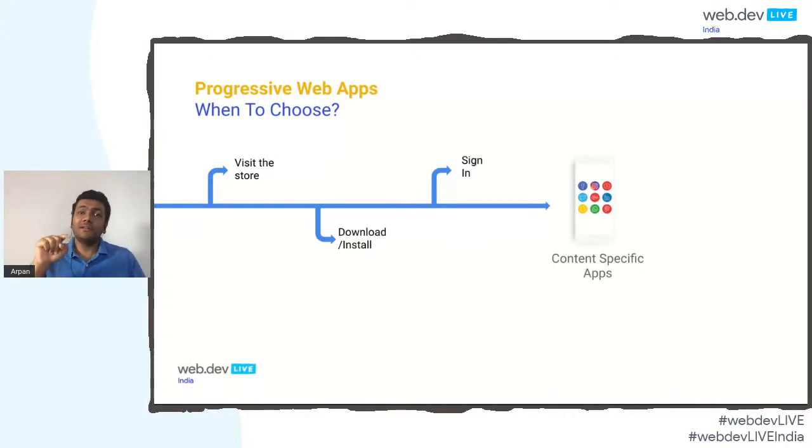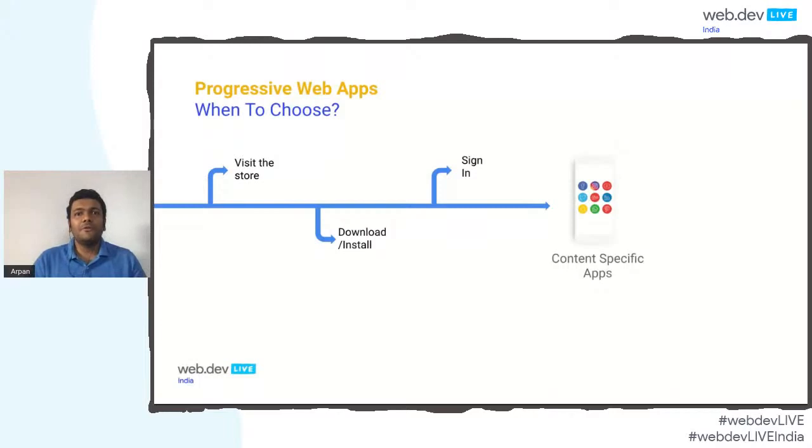It downloads, it installs, which could be anything greater than 3 MBs or 2 MBs or whatever the size is. And then even if the user was already signed into your web application on the browser, they will need to sign in again because the app got installed, right? And it is now occupying some space at least on the device also.